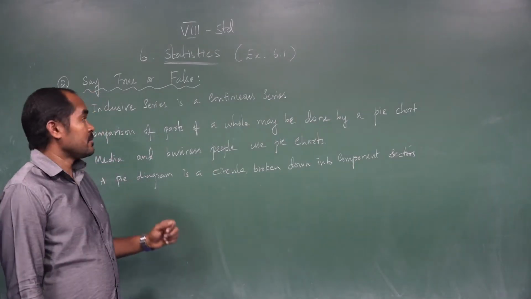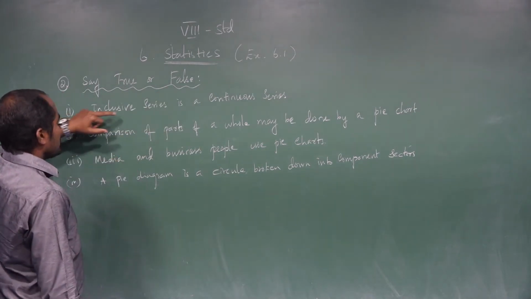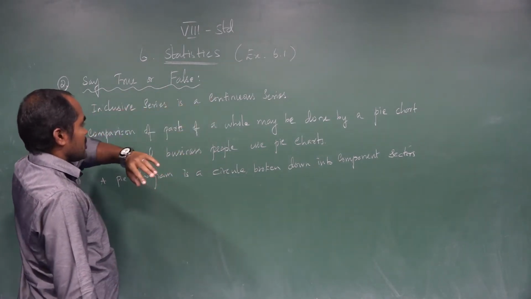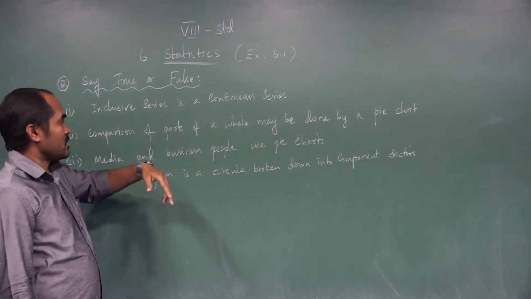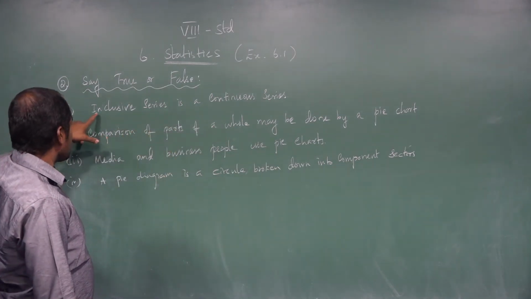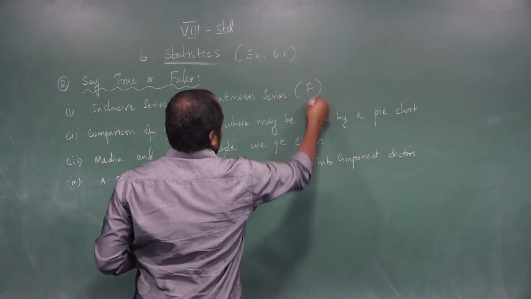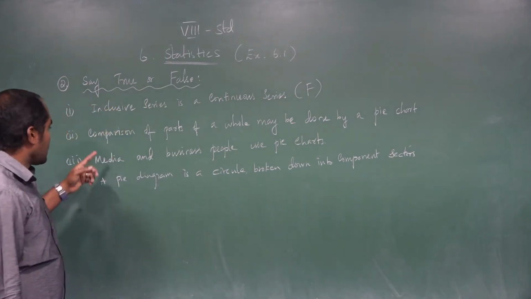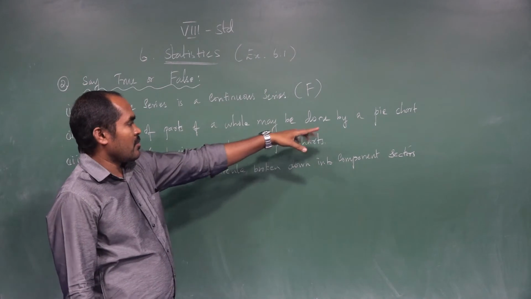Next, second question, say true or false. Inclusive series is continuous series. You know, inclusive series is discontinuous series, so this is a false statement. Comparison of parts of a whole may be done by a pie chart.